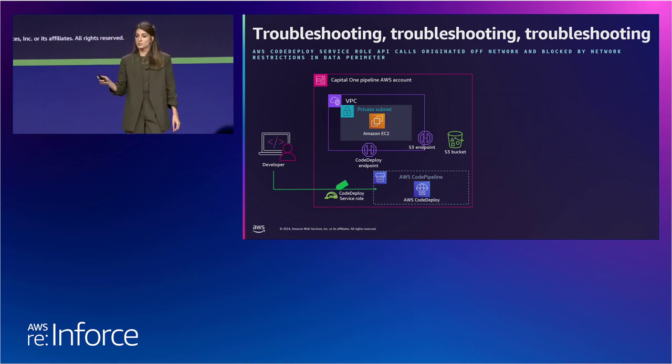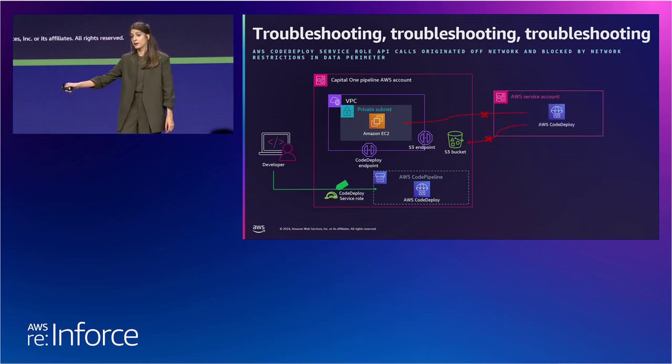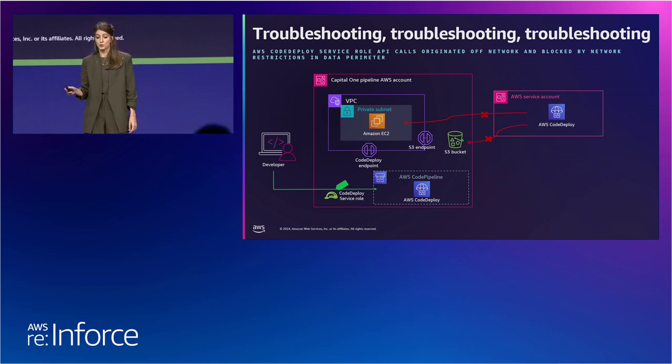In parallel, we were also going to CloudTrail to look at event failures, and we saw that the CodeDeploy service role API calls were actually coming not from the Capital One network, but from the AWS network, which obviously meant our network restriction was blocking it. In this scenario, some of the APIs we needed to add to our SCP exception list, and in those use cases, we implemented mitigating controls.